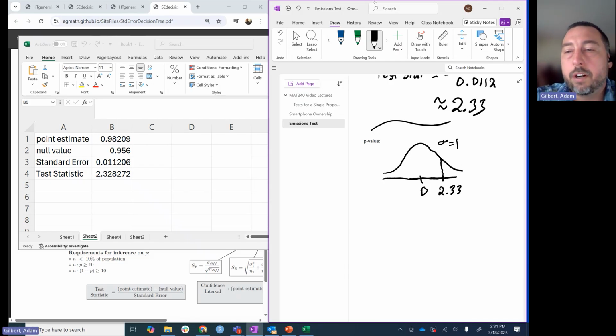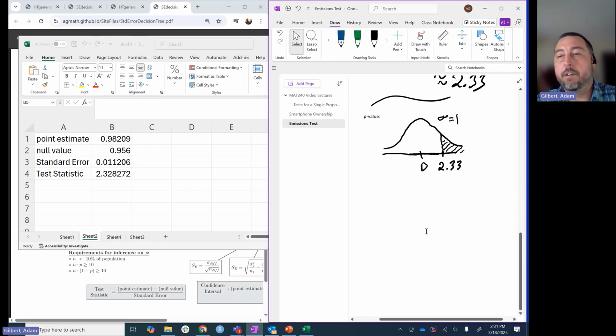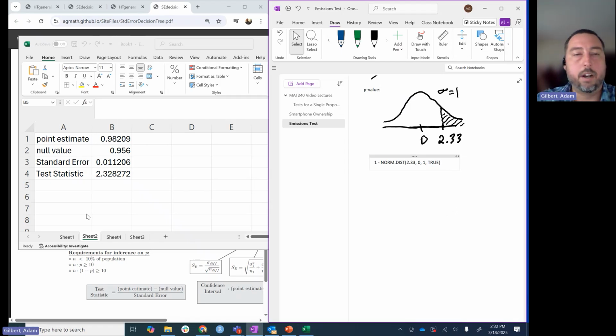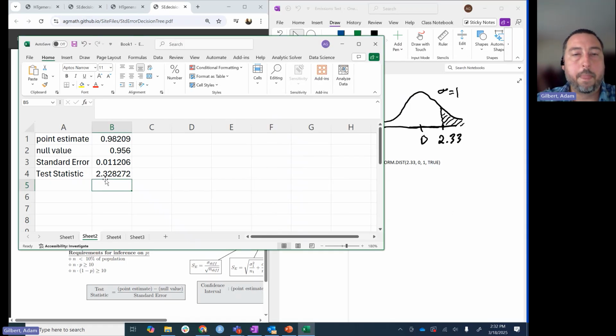And that picture that we drew earlier had the right tail shaded, so we're going to also shade our right tail. And so we need to calculate the area to the right of that boundary value of 2.33. In order to do that, we're going to use the NORM.DIST function, but we're going to use 1 minus it again. So 1 minus NORM.DIST of 2.33, our boundary value. Our mean is 0 in this distribution. Our standard deviation is 1, and then all caps TRUE will get us our approximate probability.